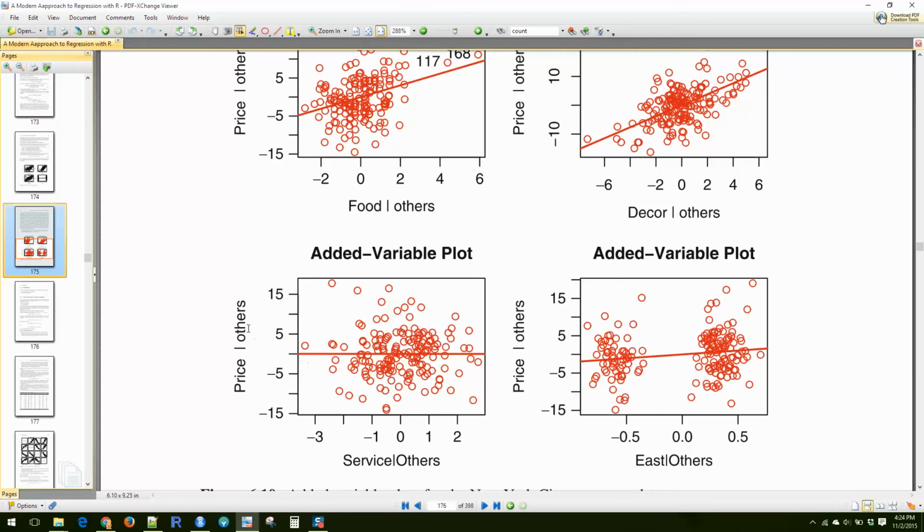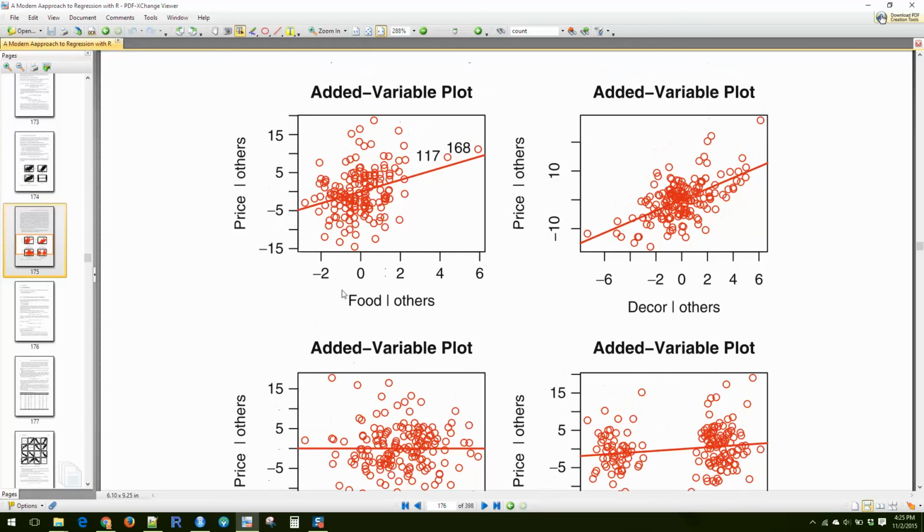So we're looking at price versus the other variables and service versus the other variables. So this should be residuals from service. I guess they're not standardized here. So we're just looking at the residuals based on the others and the residuals here based on the others. And we see that including service doesn't produce that much extra information.